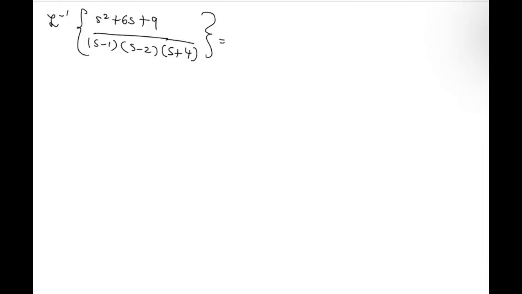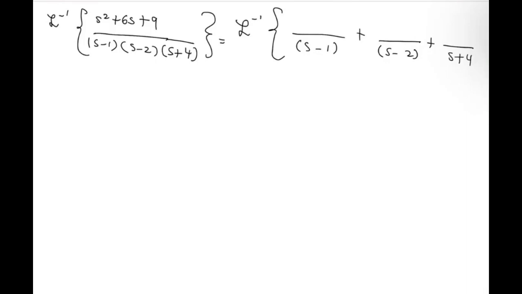This is equal to A over S minus 1 plus B over S minus 2 plus C over S plus 4. So A just now is minus 16 over 5. B is 25 over 6. C is 1 over 30.